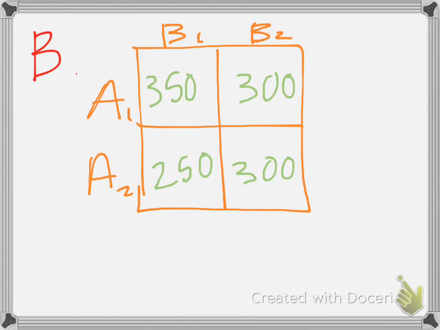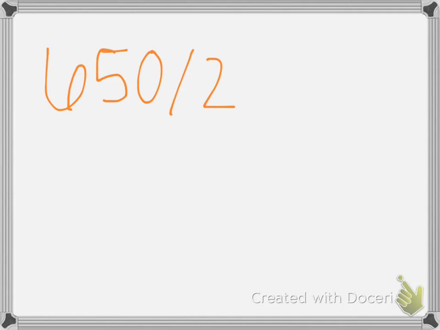So in this problem set, we are doing something different. We're trying to find the main effect for factor A and an interaction, but no main effect for factor B. This is a different problem with different numbers, and I'm going to break down how exactly I found a main effect for factor A and an interaction, but not for factor B. As before, 350 plus 300 is 650, divided by 2 equals 325.